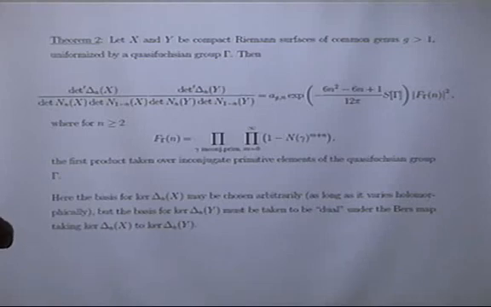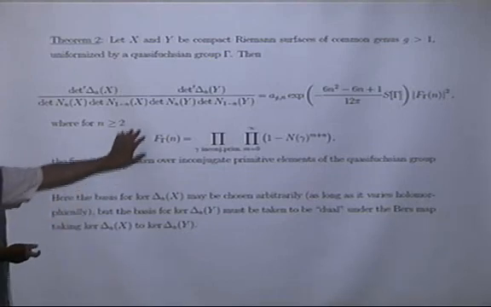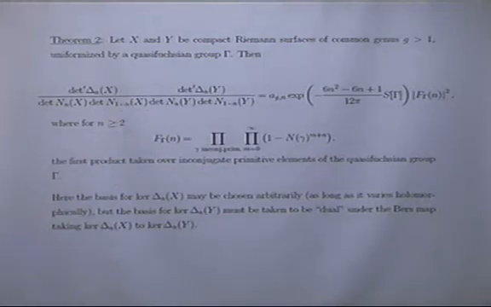But if we're working with a different family of Kleinian groups, I guess the methods that we're using don't work, and I suspect that we won't get exactly the determinants, but what we will get, I'm not sure.